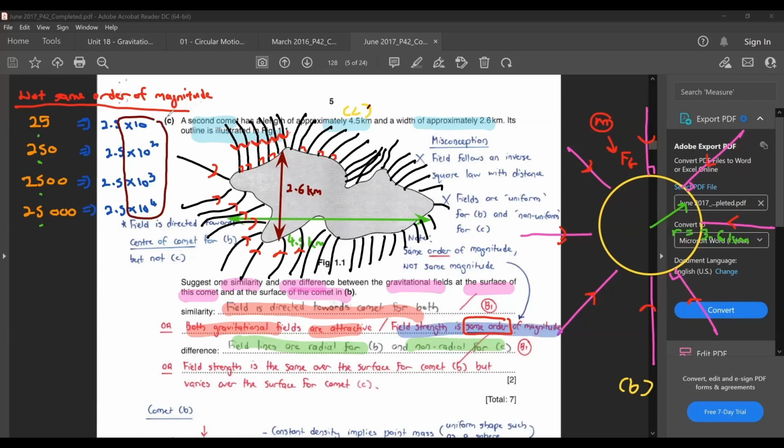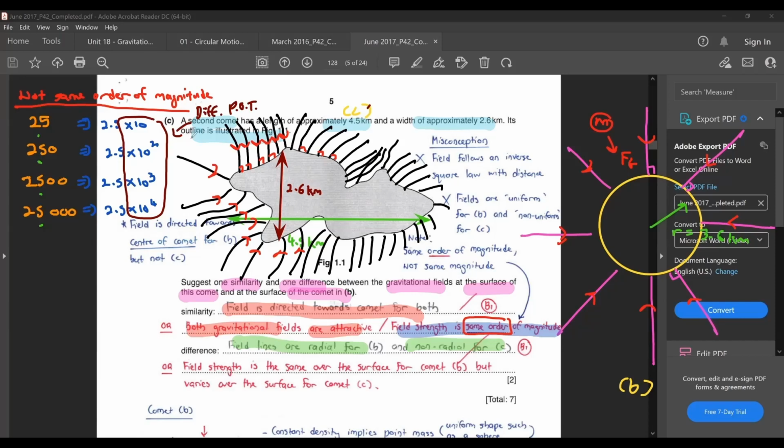This one is a different power of 10. Okay, if you see that you have different powers of ten, we normally do not call them the same order of magnitude. We will say they are different orders of magnitude.